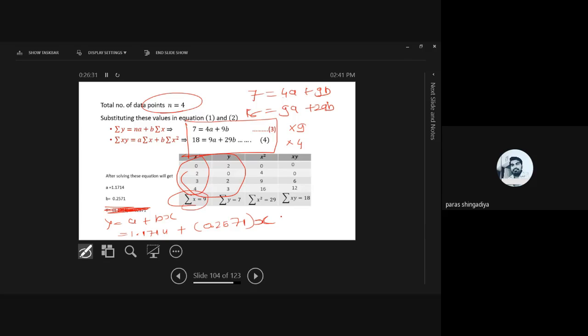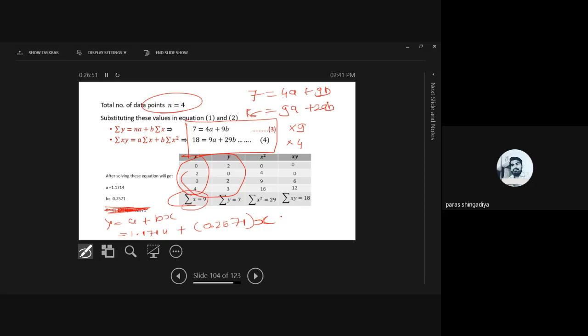And now why do we say it is the approximate answer? Why is it approximate? Now check the data, okay. Here the data is 0, 2, then after 2, 0, 3, 2 and 4, 3.